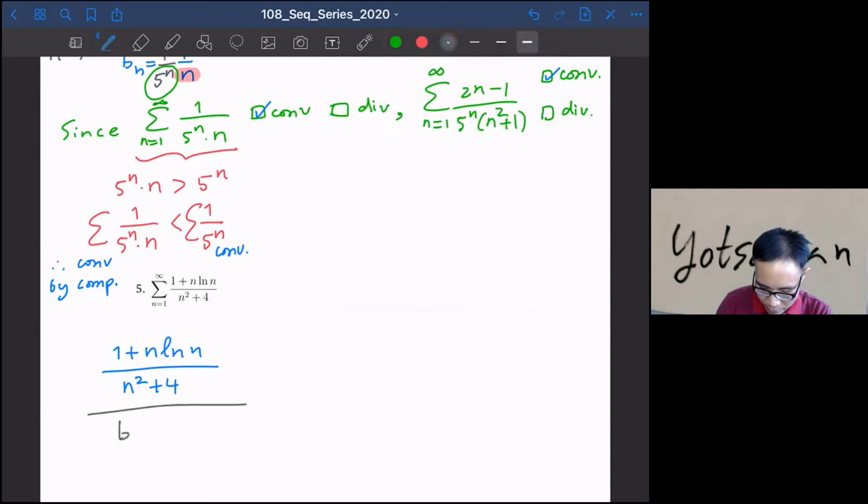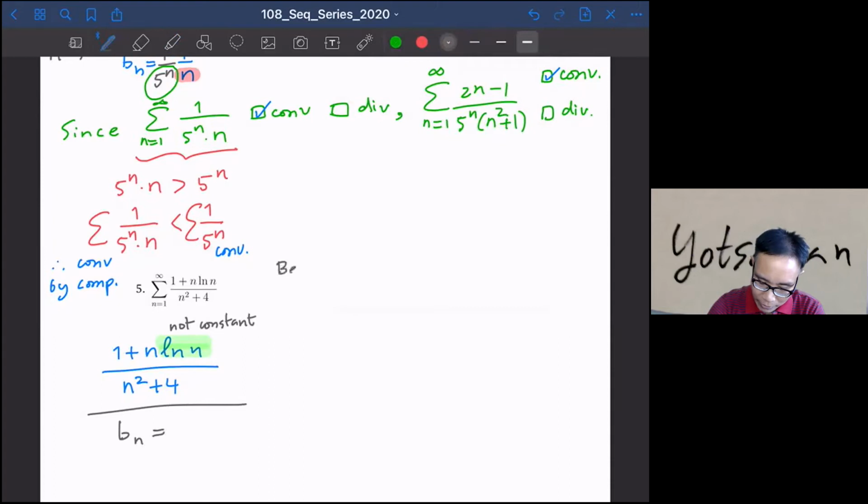Because we have log n, which is not constant. So we have a problem here. Can we make it constant?